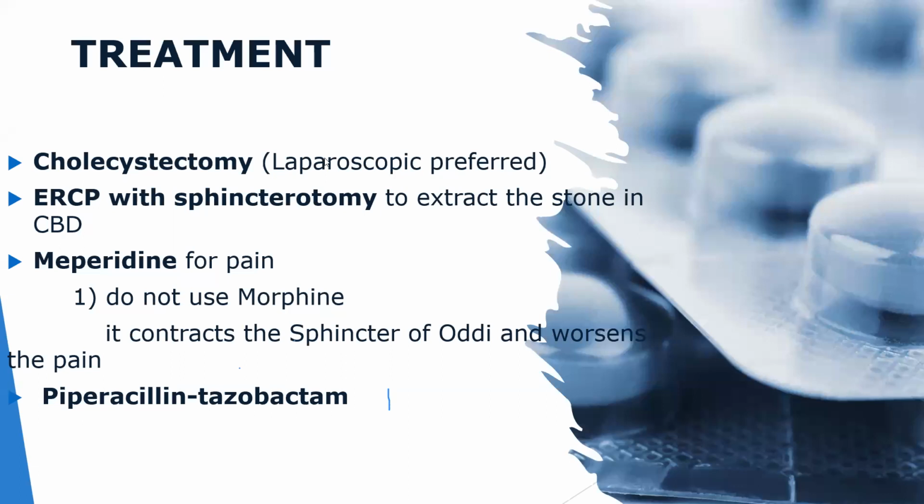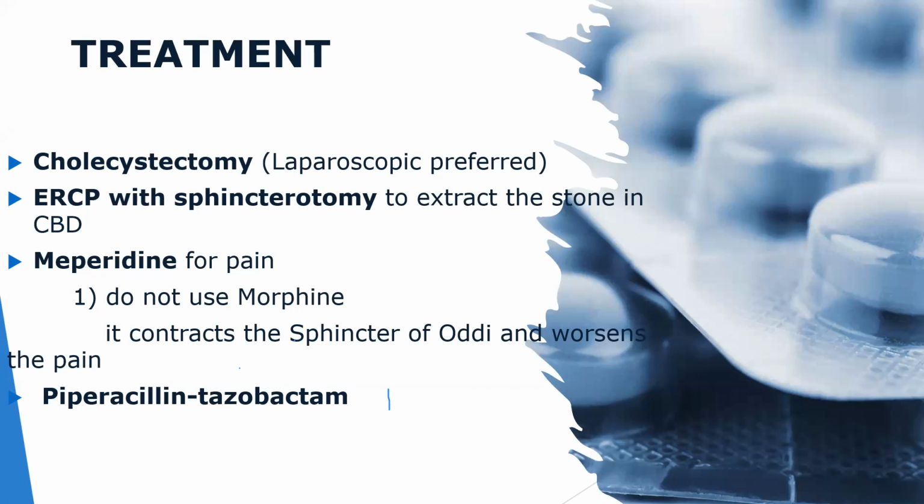You skeletonize, that is the anterior and posterior dissection, and you isolate both the cystic duct and the cystic artery. And in this maneuvering, when you grasp the fundus of the gallbladder and give traction, the dissection on the cystic duct and cystic artery becomes easy because it gives stretch on the cystic duct.